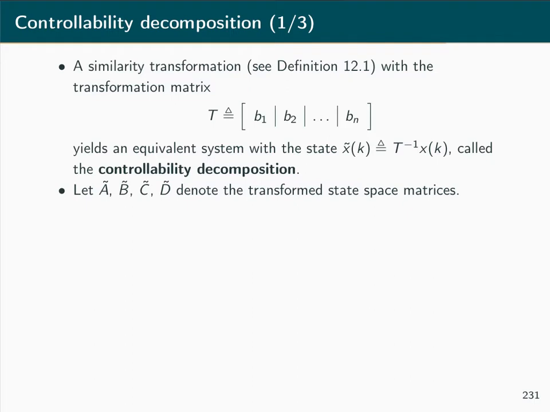And this similarity transformation leads to an equivalent system with the state that we call x tilde, which is defined as T inverse times x according to Definition 12.1 of the similarity transformation. And this equivalent system we call the controllability decomposition. And we let A tilde, B tilde, C tilde, and D tilde denote the corresponding transformed state space matrices.